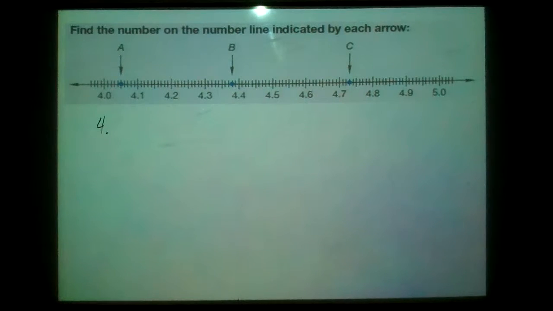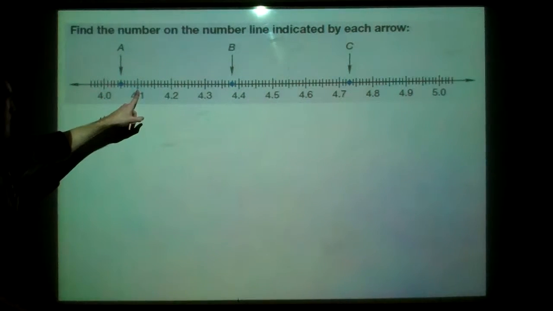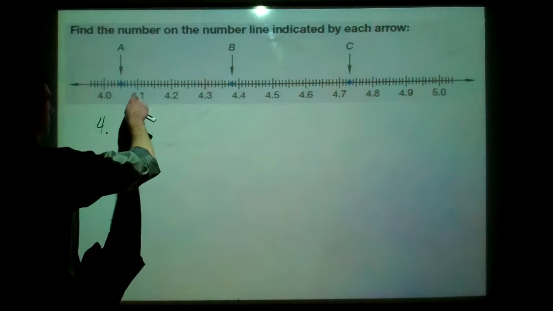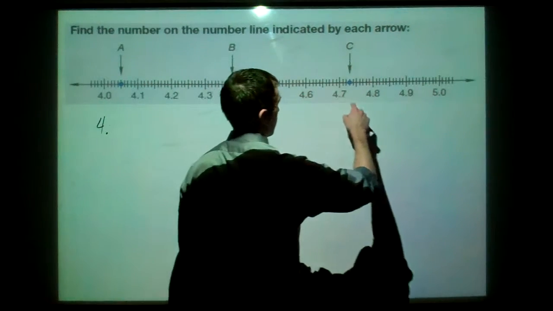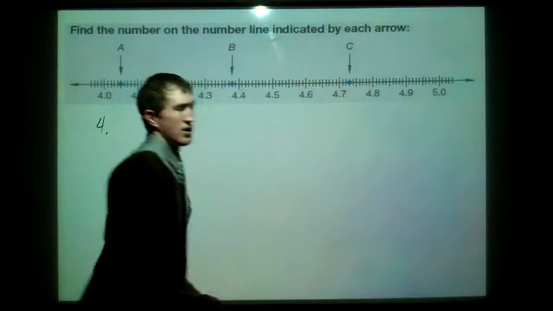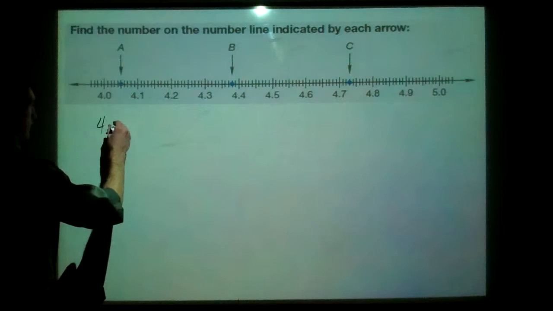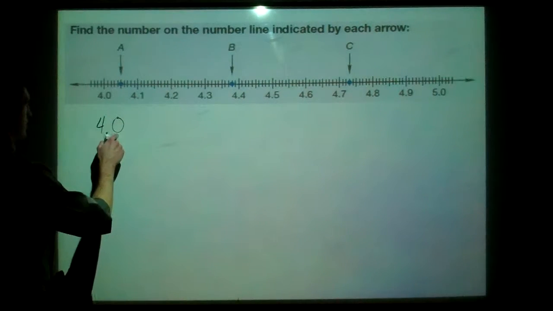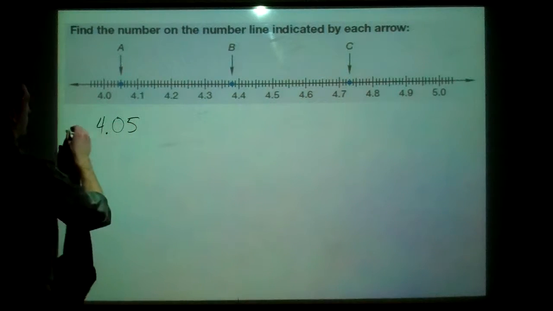So we have to say, okay, 1, 2, 3, 4, 5, 6, 7, 8, 9, 10. Each of these is 10 segments. So 10, 20, 30, 40, 50, 60, 70, 80, 90, 100. So we are dealing with hundredths, which means we're going to talk about the hundredths place. So 0 here, 1, 2, 3, 4, 5. That's where the 5 go.